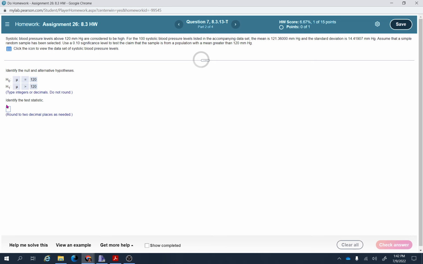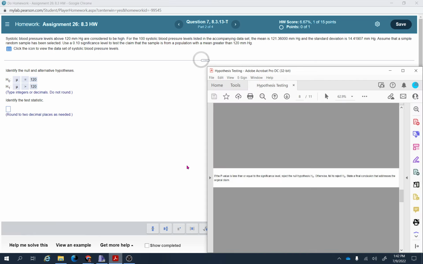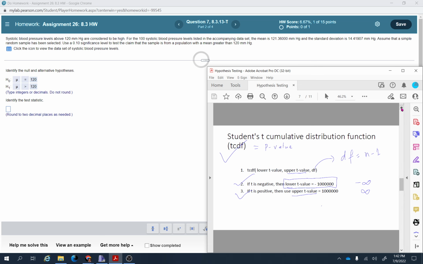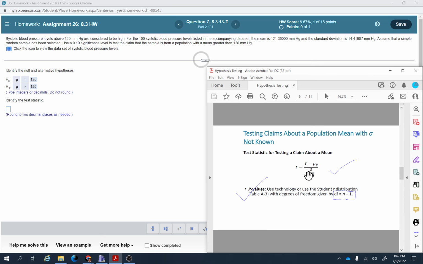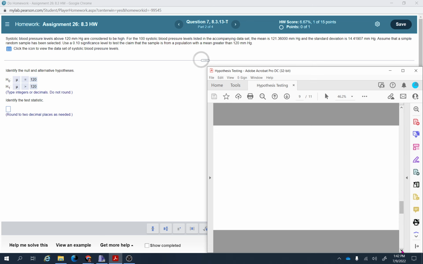So now find the t-value. For finding the t-value we have the formula here. This is the formula we're going to use: t equals the sample average minus the population mean, over the sample standard deviation divided by the square root of n.